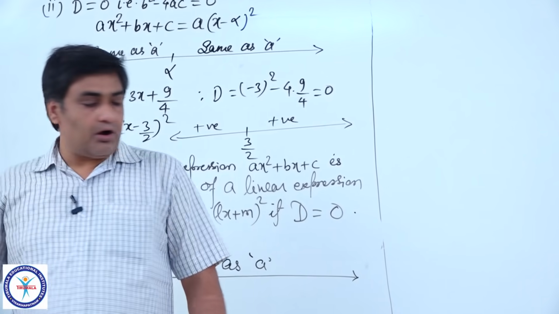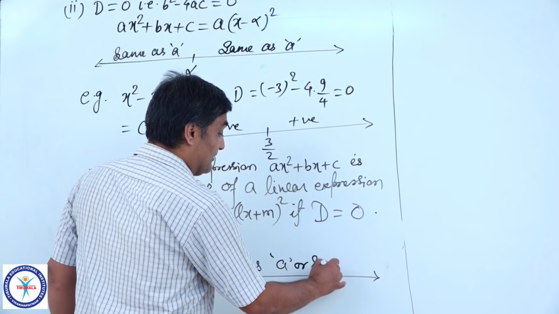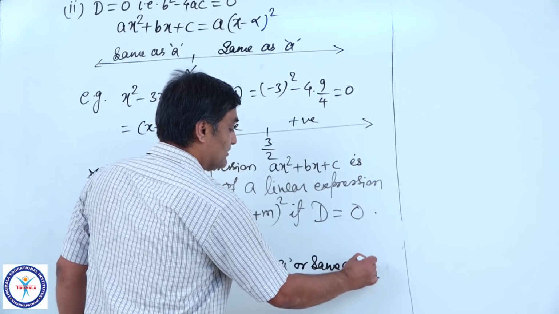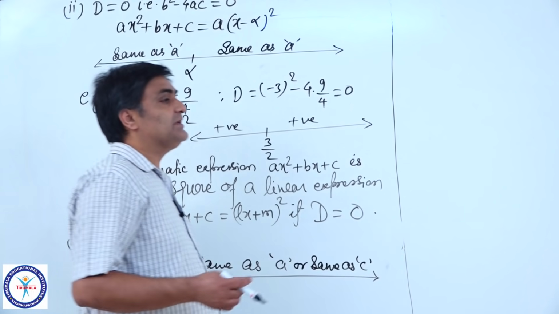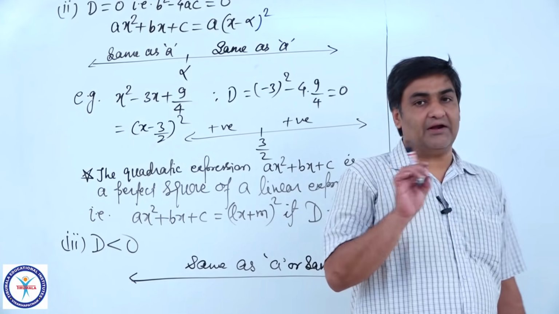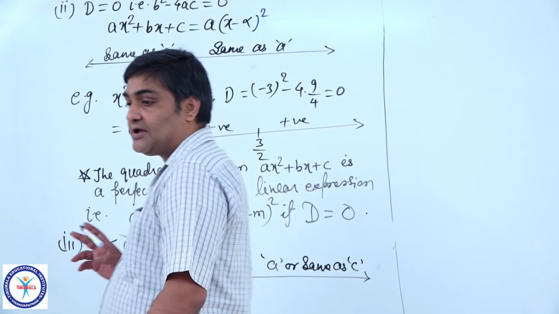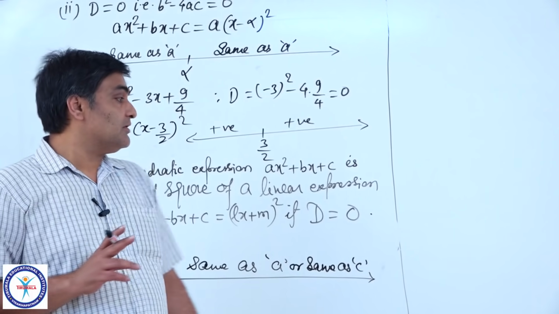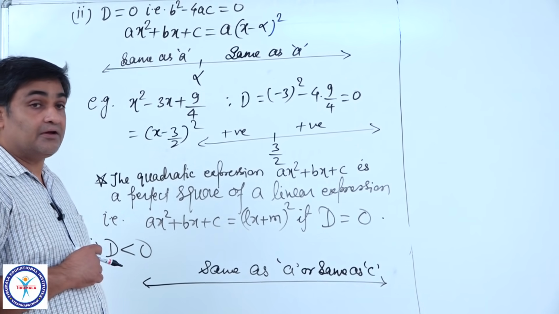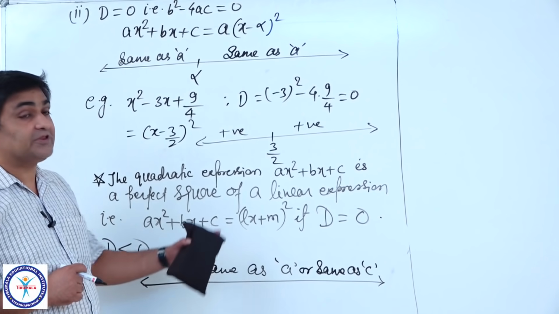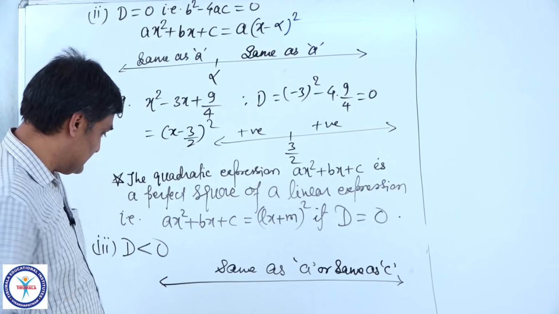Okay. Or we can also write as or same as c. C means constant term. See, this is the case when the roots of a quadratic equation are not real, means imaginary, then both a and c have same sign.